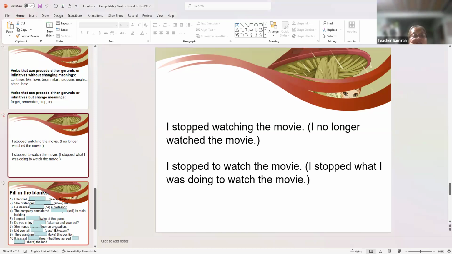In the first one, we used the gerund, which means I no longer watch the movie. In the next one, we used an infinitive, to watch the movie. So it means that I stopped what I was doing to watch the movie.